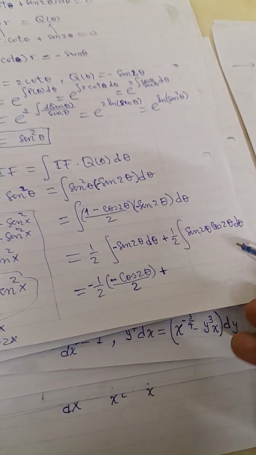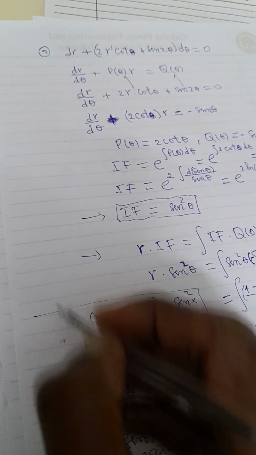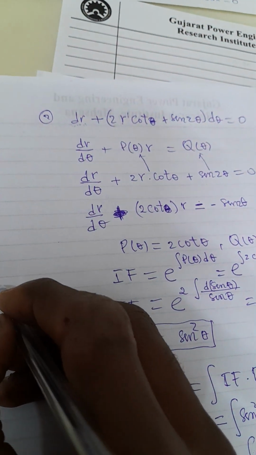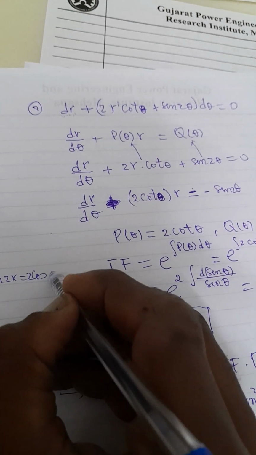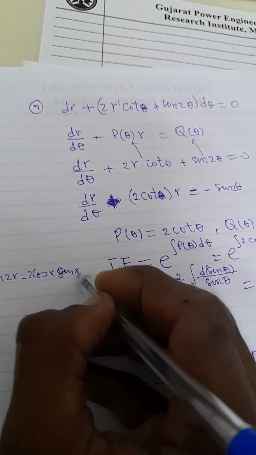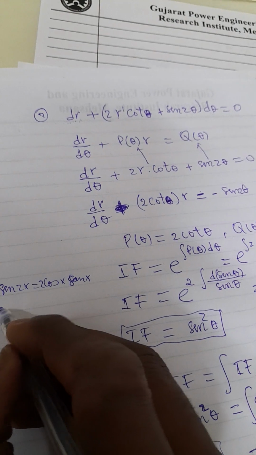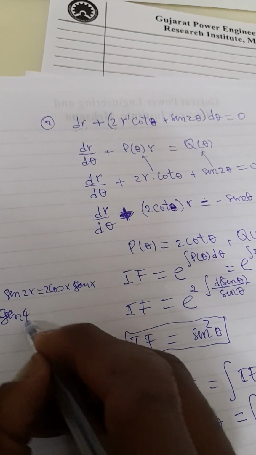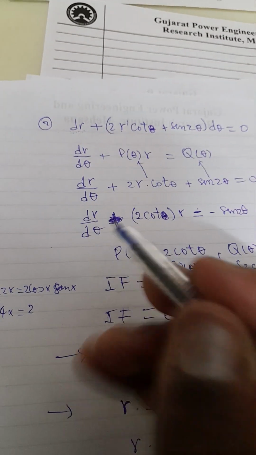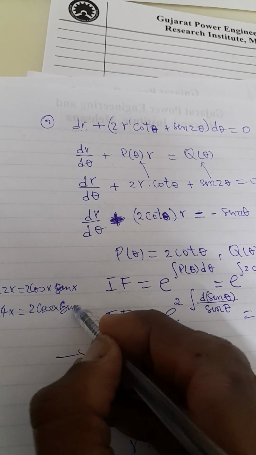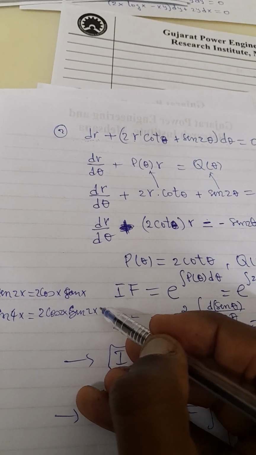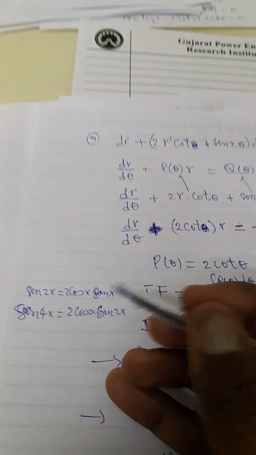So, as I said, I will do this again here: sin of 2x is equal to 2 cos x sin x, but sin of 4x will be 2 cos 2x and sin of 2x, just in a logical way.